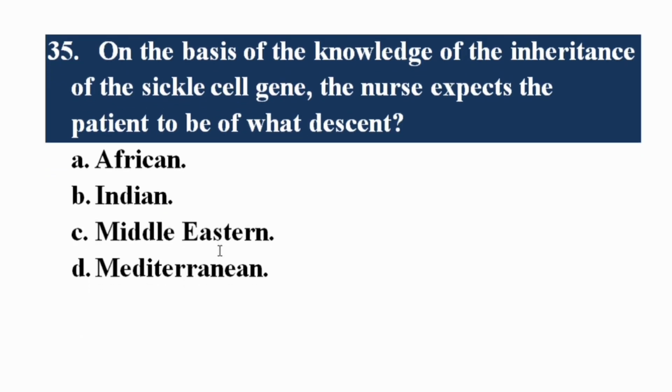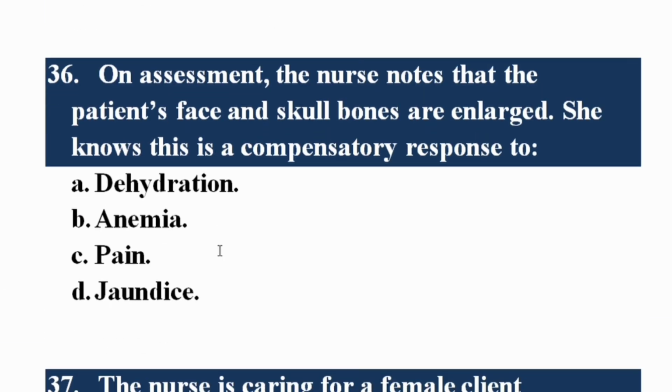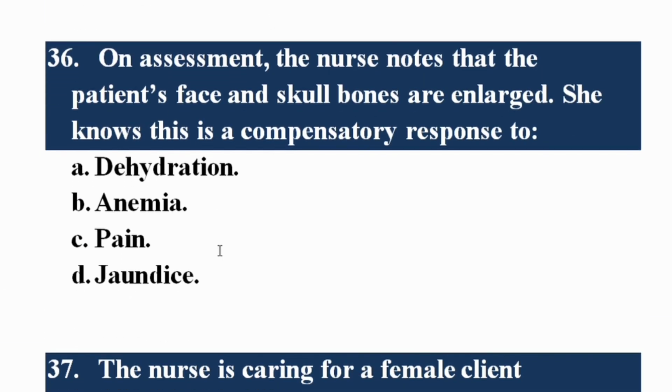On the basis of the knowledge of the inheritance of sickle cell gene, the nurse expects the patient to be of what descent? Right option is alpha, African. On assessment, the nurse notes that the patient's face and skull bones are enlarged. She knows this is a compensatory response to.